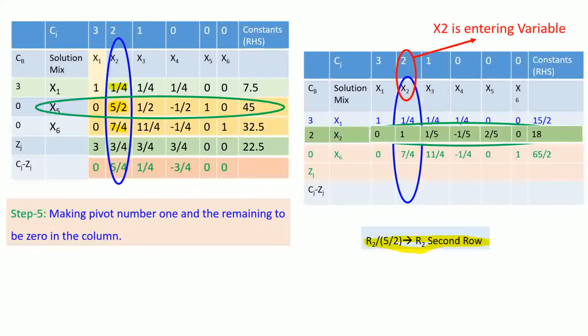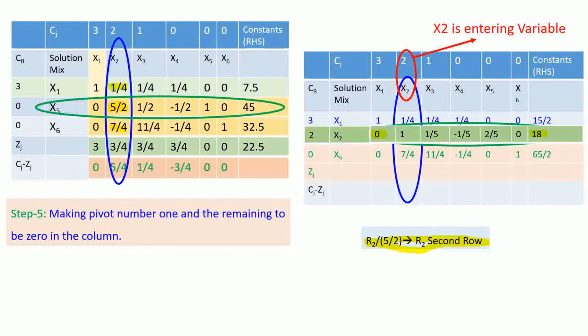When we divide minus 1/2 by 5/2, we get minus 1/5. When we divide 1 by 5/2, we get 2/5. And when we divide 0 by 5/2, we get 0. And when we divide 45 by 5/2, we get 18.